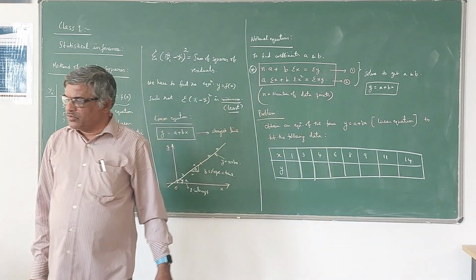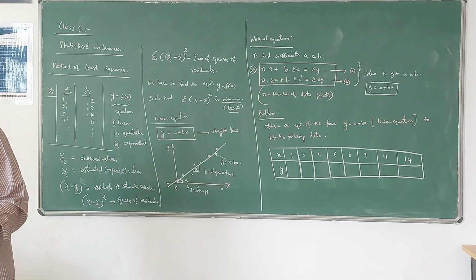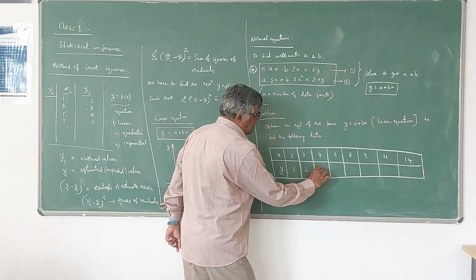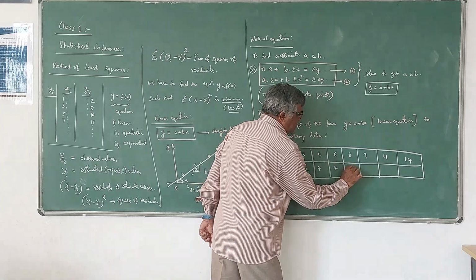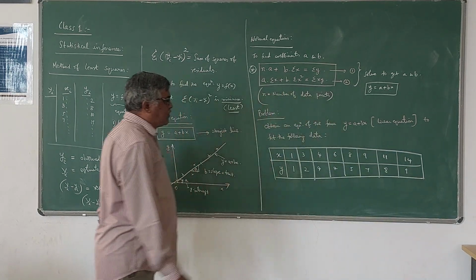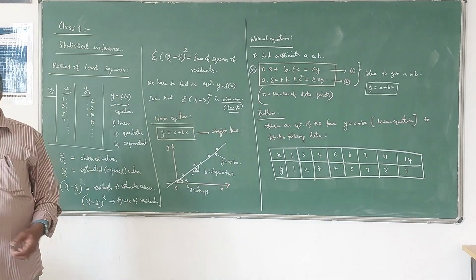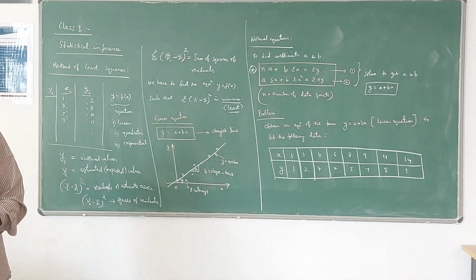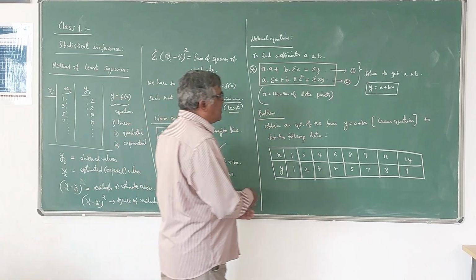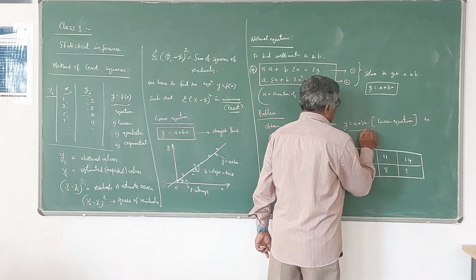Corresponding y values are 1, 2, 4, 4, 5, 7, 8, 9. So this is the data set. This much they will give. So we have to find a suitable equation of this form, y is equal to a plus bx.